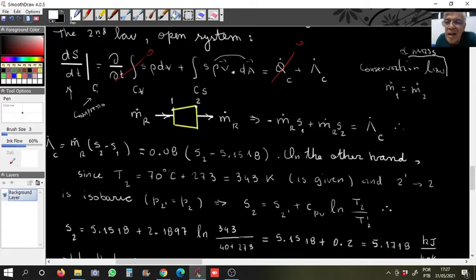But by assumption, the process in the compressor is adiabatic, so the fluid doesn't lose heat to the surroundings. So the left hand side will be the generation of entropy in the compressor. I just move this to the right hand side, and the left hand side I move to the right hand side.